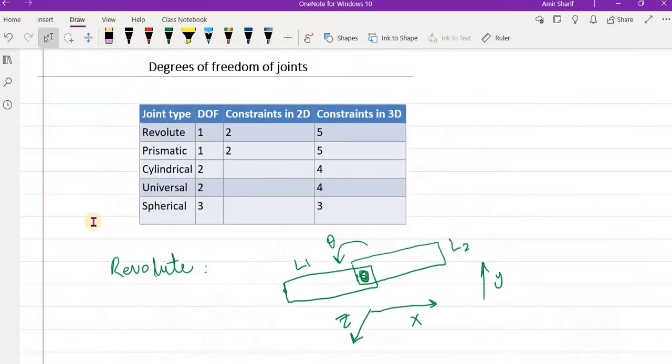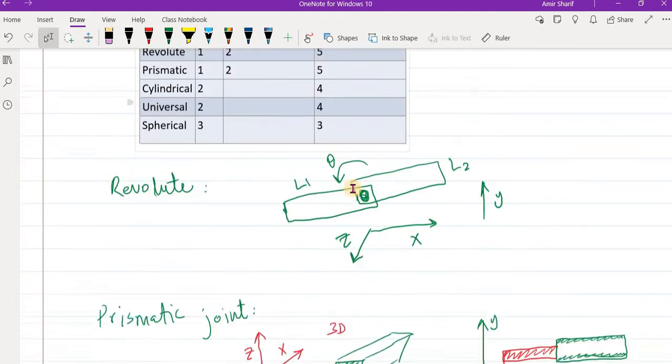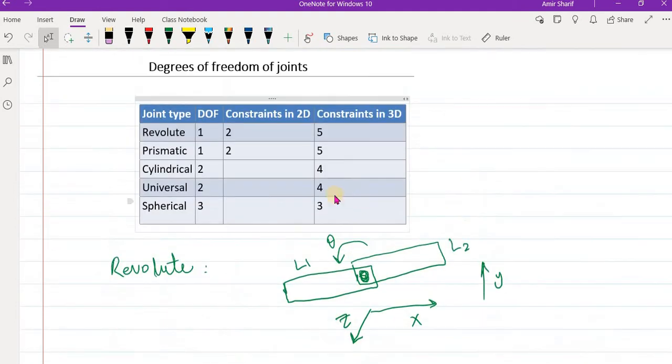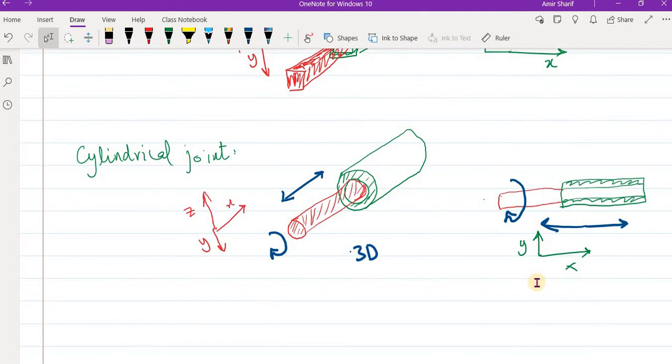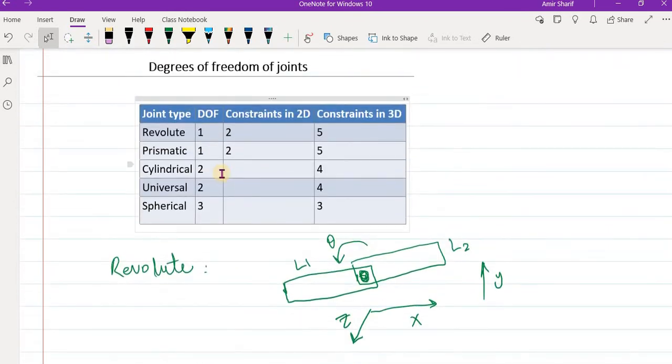So let's see here. This is correct, the 4 constraints in 3D, but in 2D it says that the constraints are not there and the degrees of freedom are 2.